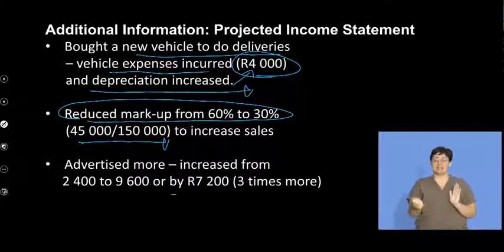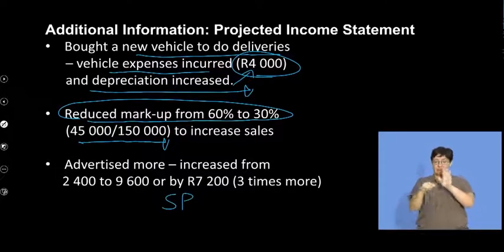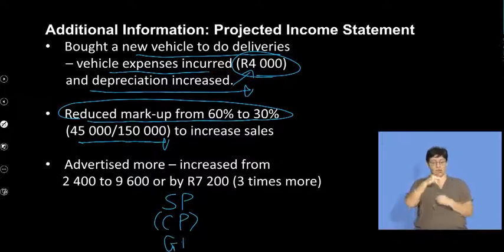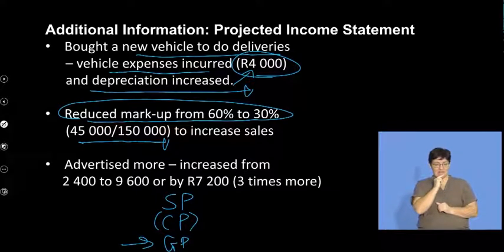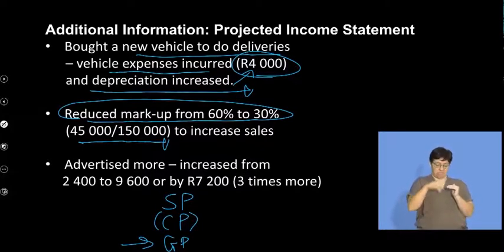We know that selling price minus your cost price will give you your gross profit. If you decrease your markup, then it means that your profits will decrease because you're marking up at a lower percentage. Clearly, you can see a reduced markup led to, although an increase in sales, a decrease in your gross profit.